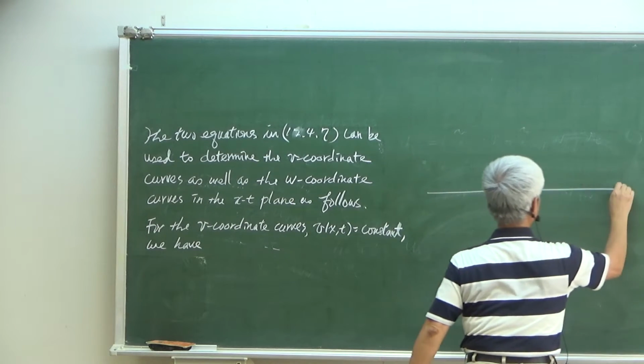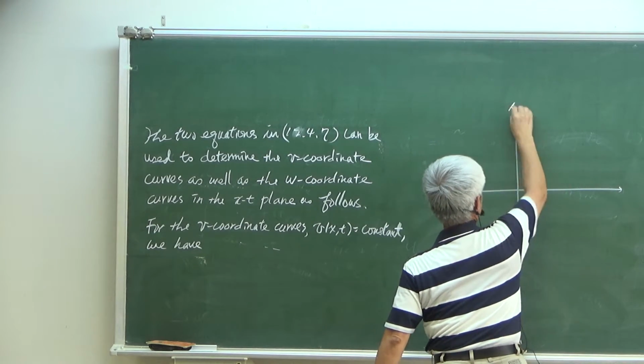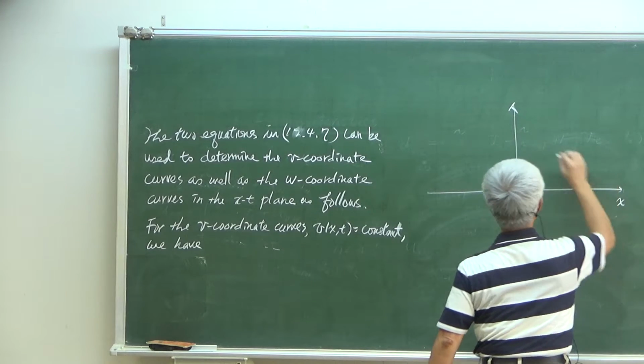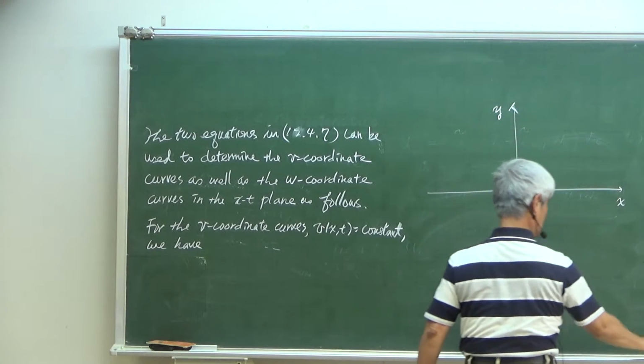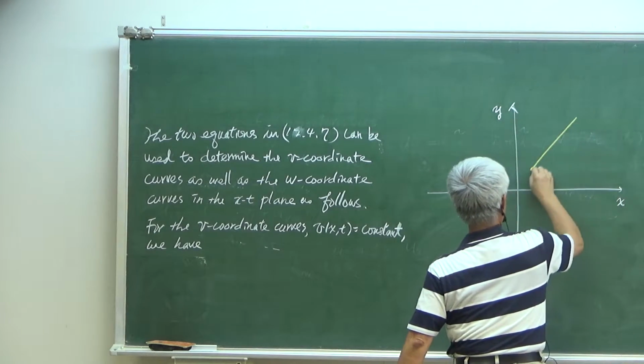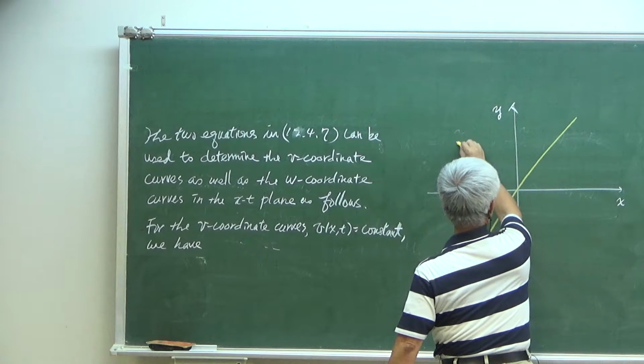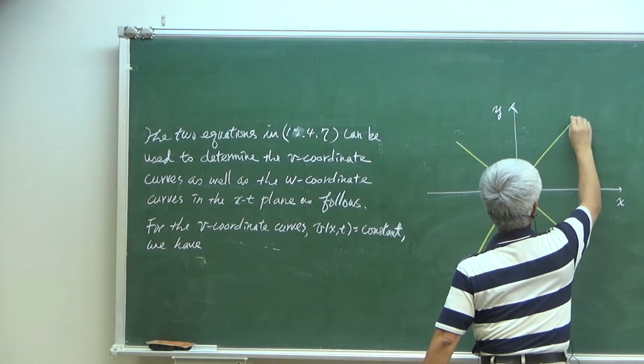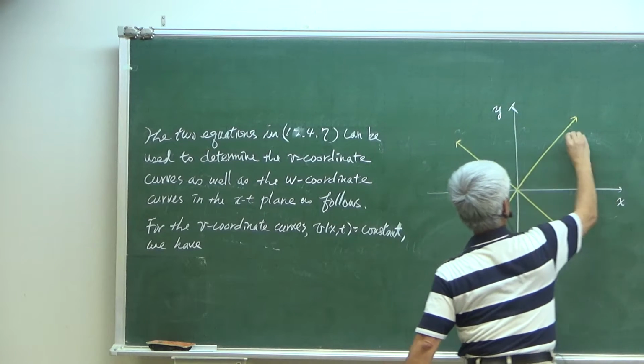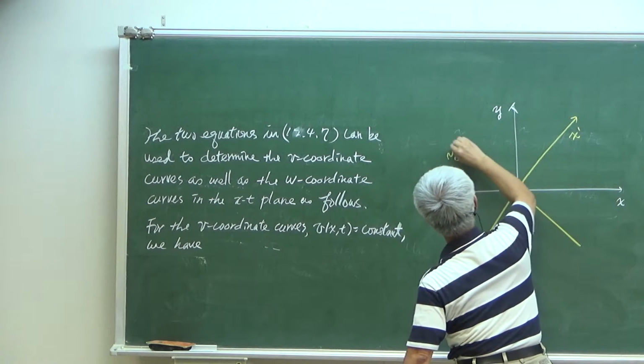For example, we have x and y, and it's possible that we have an orthogonal coordinate transformation, so we may have x prime and y prime.